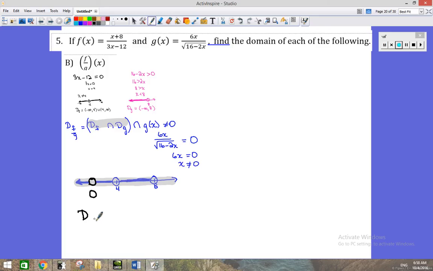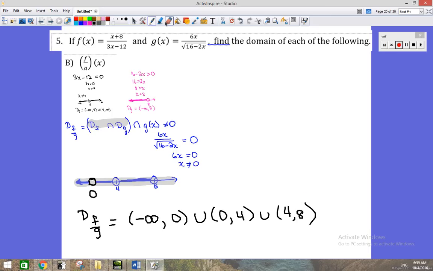So the domain of f over g is from -infinity to 0, union 0 to 4, union 4 to 8. Ta-da! That is our answer for B.